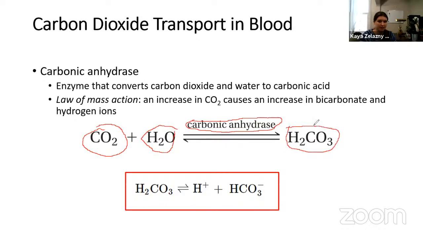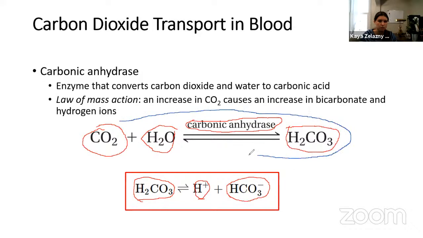We're not done once we get to carbonic acid though, because carbonic acid can then in turn be split up into hydrogen ions and bicarbonate ions. So we could think of this as a whole potential flow.